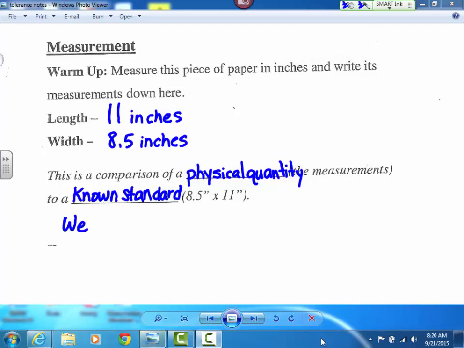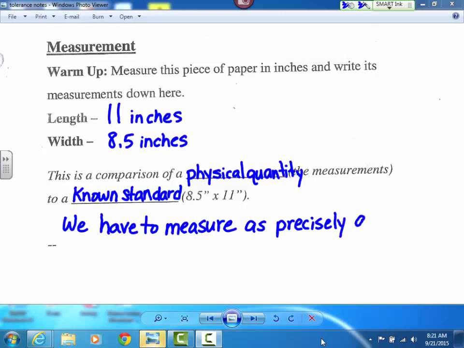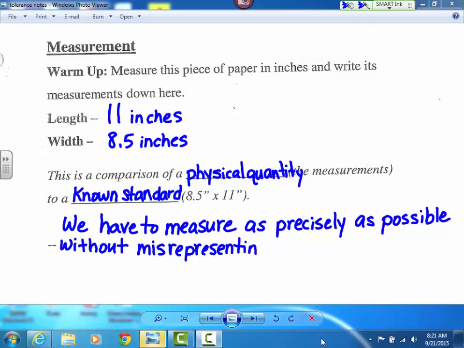The idea for this, again, we were supposed to get some variation here, was that we have to measure as precisely as possible without misrepresenting what our instruments can do.